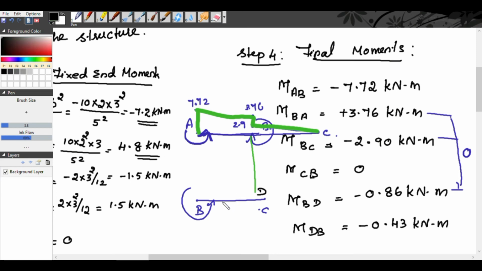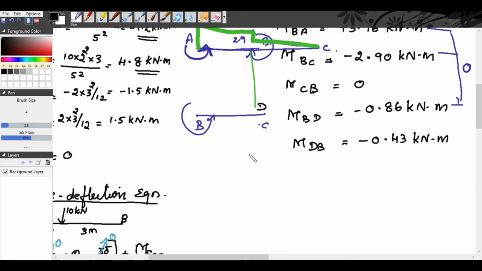When you are considering BD, it is minus 0.86. You can draw it like this. This is BD, and when you are drawing BD, it is minus, so at B it is anti-clockwise.